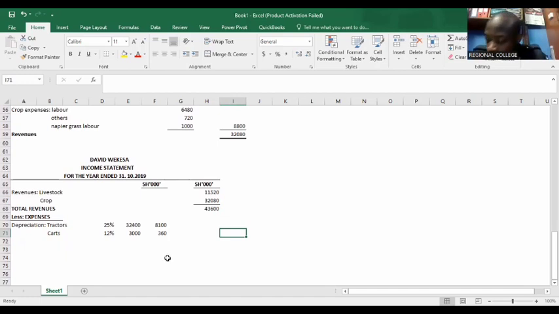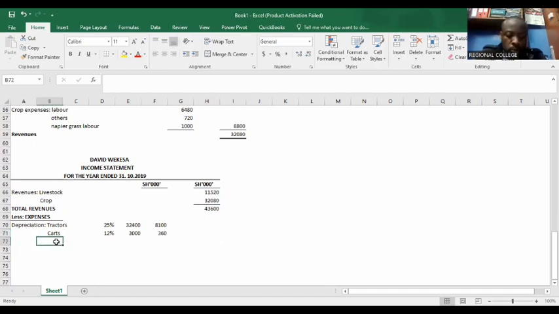In the trial balance, the value is 6,000. But at the end of the year, it is 5,400. So there is a certain figure that is missing there.